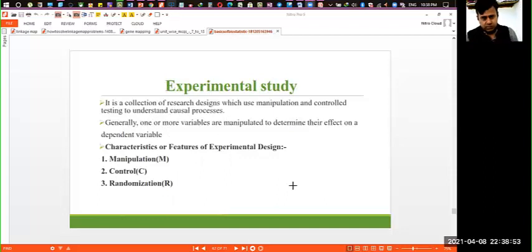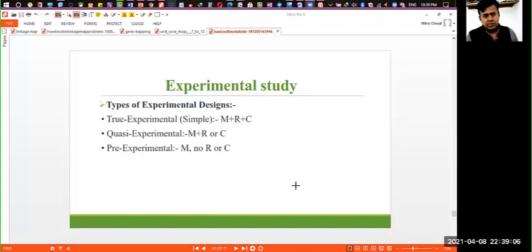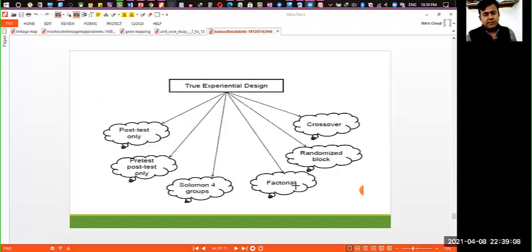Okay, so mostly in the PhD we are performing experimental studies, and we are performing some designs based on control, manipulation, and randomization. So based on that we are conducting various experimental design studies.